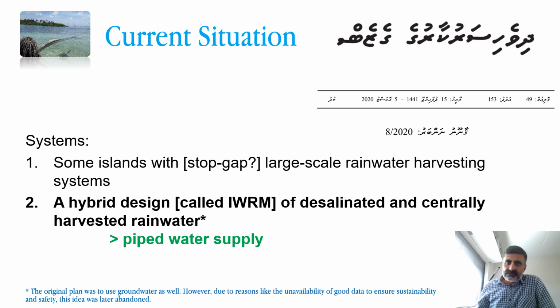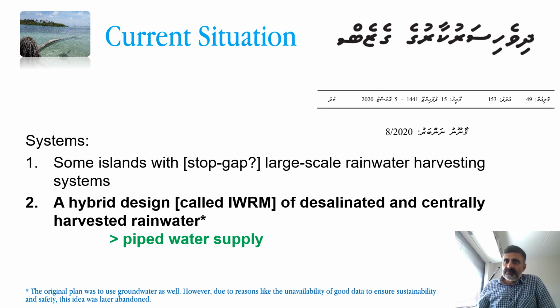The real solution that the government and the policymakers are promoting is a hybrid design of desalinated and centrally harvested rainwater systems. In the Maldives, these are called IWRM systems. The original idea was to use three sources of water: desalinated water, the harvested rainwater, and groundwater.